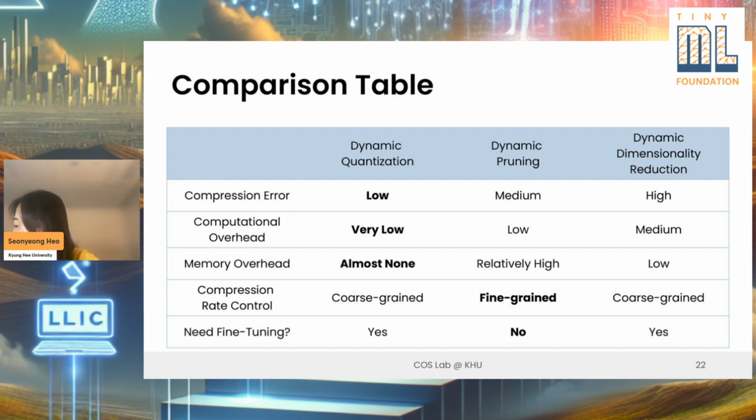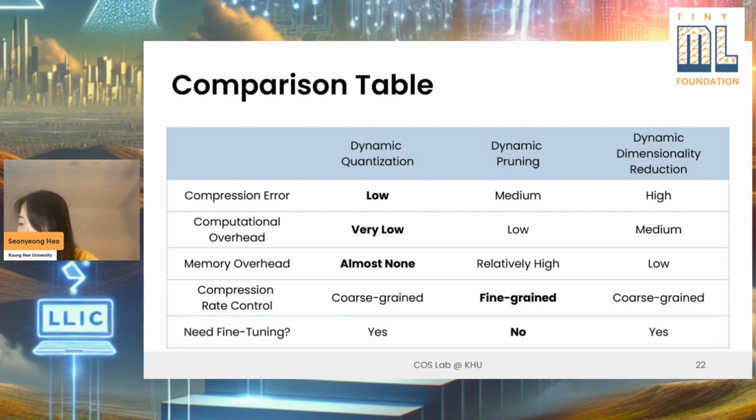Dynamic pruning requires some computational overhead for processing the sparse data, because it has to format the data in a sparse data format, such as compressed sparse row. And dynamic dimensionality reduction incurs more overhead because it has to encode and decode the data in the middle of the execution.